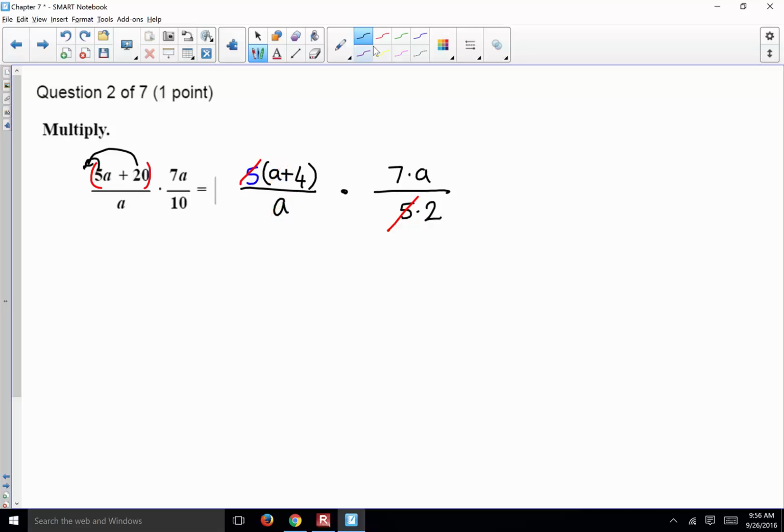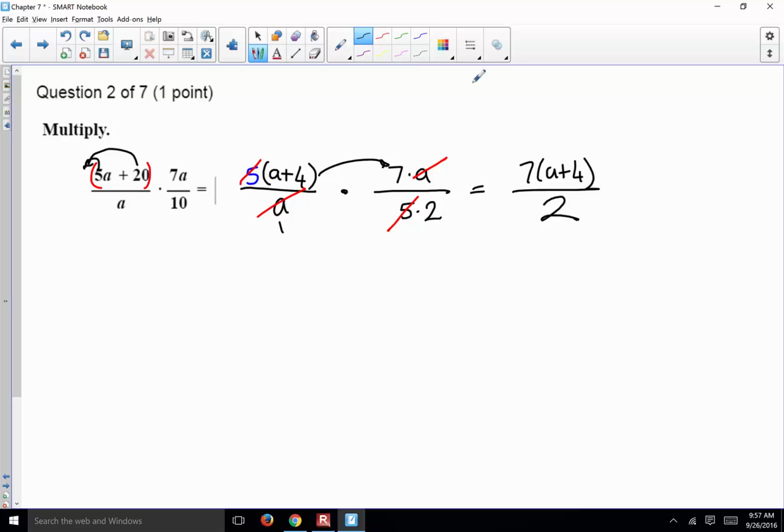So which A's did you cancel? This A and that A cancels because this A is in the product. It's not plus. If this was plus, I could not cancel it. But it is not. It's product. We can cancel it. So what's left here is 1 times 2 on the denominator, which is 2. That's simple. The top is A plus 4 and 7 must multiply. 7 times A plus 4.